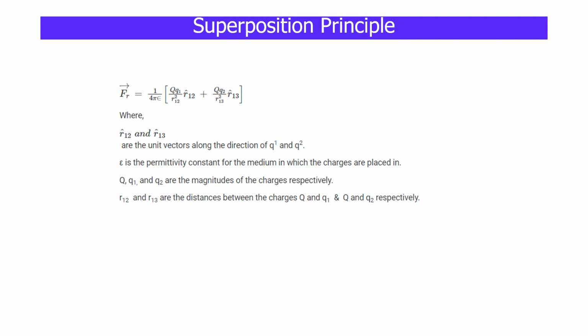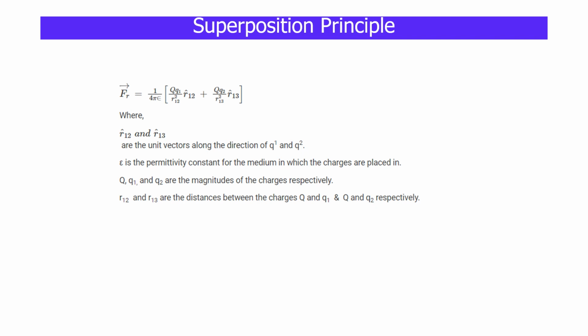So it is a summation of both the forces, where R12 and R13 are the unit vectors along the direction of q1 and q2. Epsilon is the permittivity constant. Capital Q and small q1, q2 are the magnitudes of the charges respectively. R12 and R13 are the distances between the charges Q and q1, and similarly Q and q2, respectively.